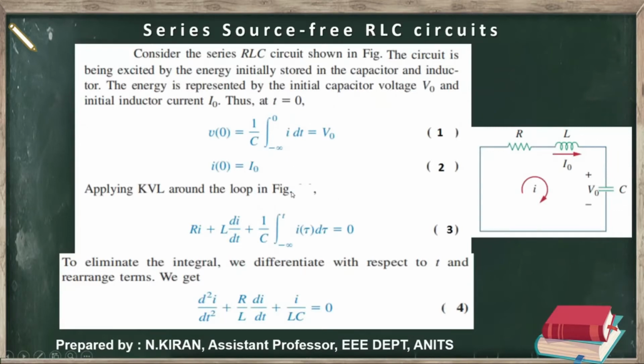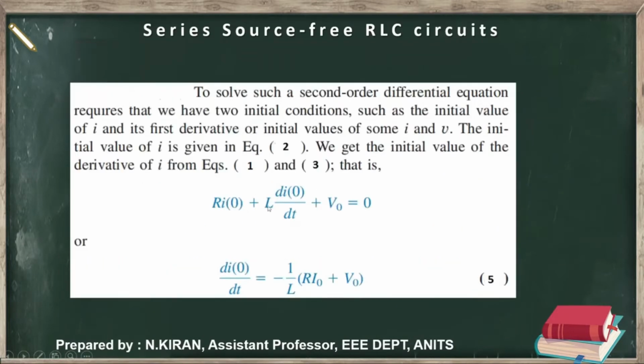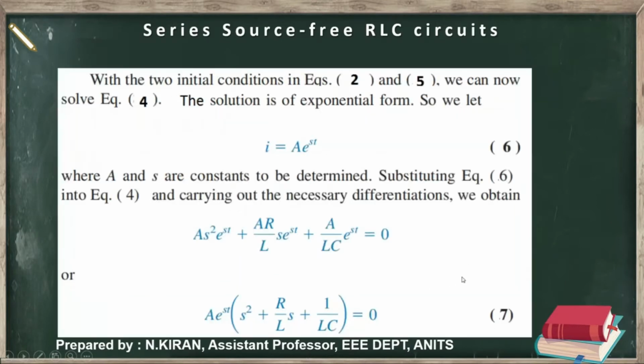So the third equation can be rewritten as R into I0 plus L into di by dt of I of 0 plus V0 is equal to 0. From this we get di by dt of I of 0 is equal to minus 1 by L into R into I0 plus V0. Let us consider this as the fifth equation.